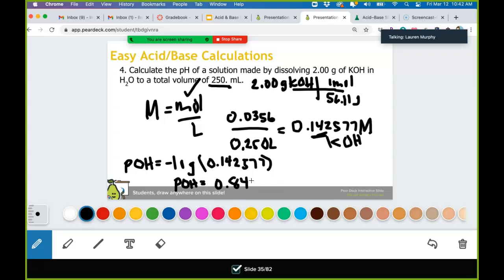So you take 14 and you subtract that number, and you get 13.154 for the pH. Because pH plus pOH is 14. So once you know pOH, you can plug it in right here and subtract to get the pH. And this pH makes sense. This is a very basic pH, and potassium hydroxide is a strong base.